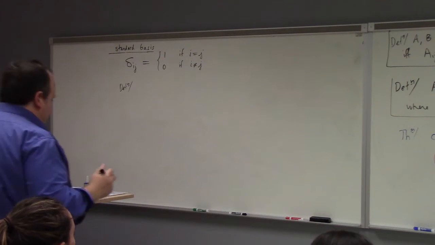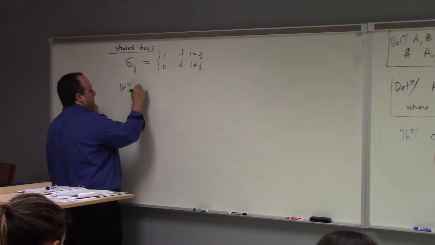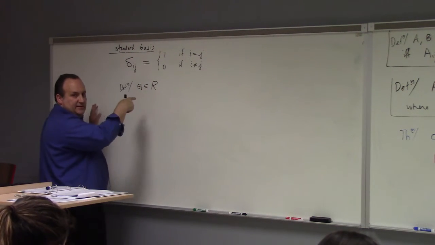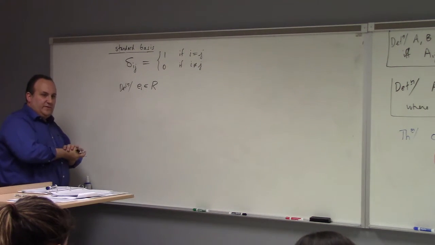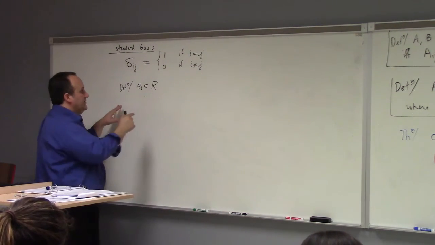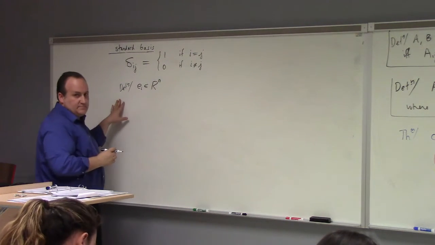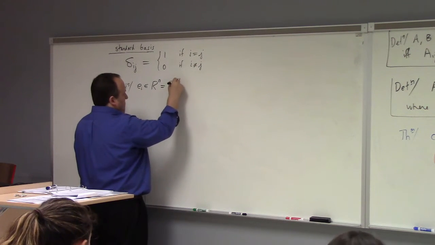And to define a vector, so e sub i is an element of, again, and this R is going to continue to be a commutative ring with 1. If you like, you could just think of it as the real numbers, but it could be a lot of things. So this is in R^n, which again is R^(n by 1), which I'm going to stop writing pretty soon.